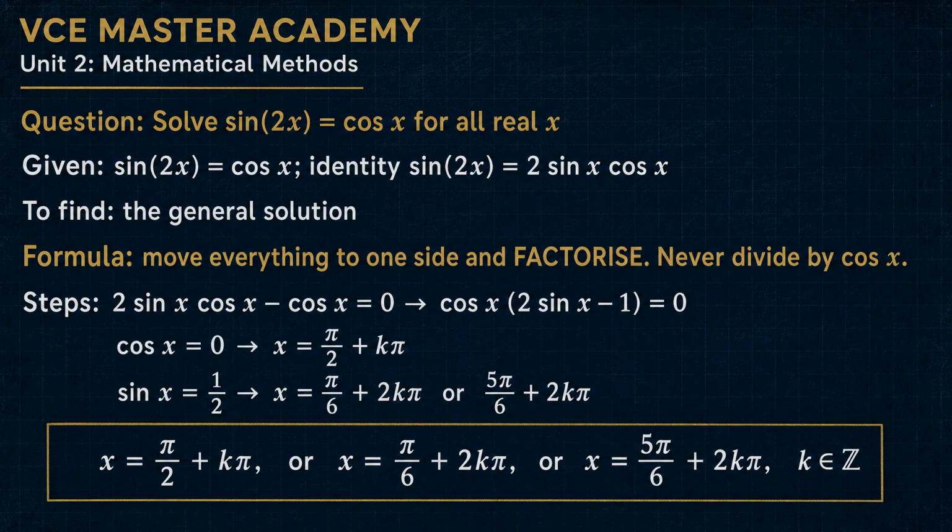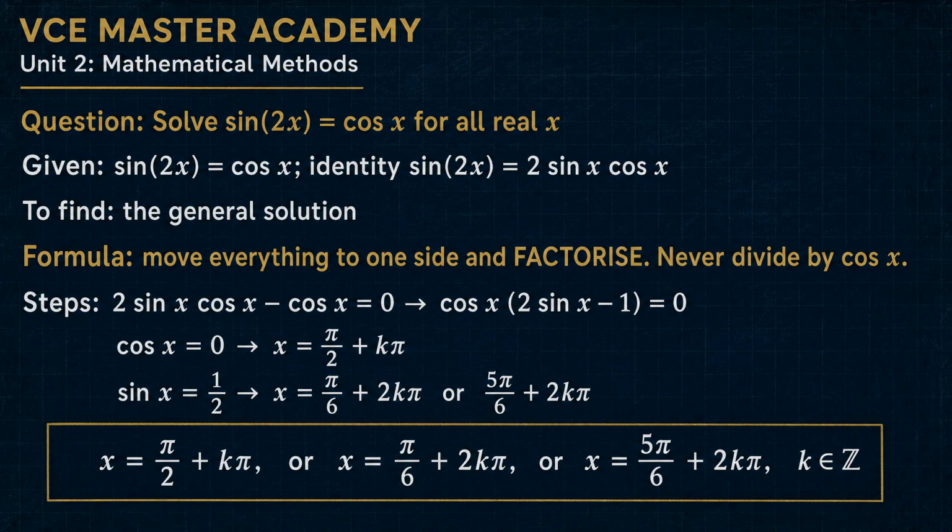Instead, factorize. Move everything to one side. Take out the common factor. Cos x times bracket 2 sine x minus 1 equals 0. A product is 0 when either factor is 0. Factor 1. Cos x equals 0. That gives x equals pi over 2 plus k pi. Factor 2. Sine x equals a half. That is example 1 again.